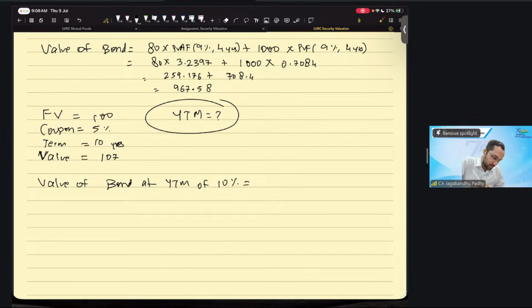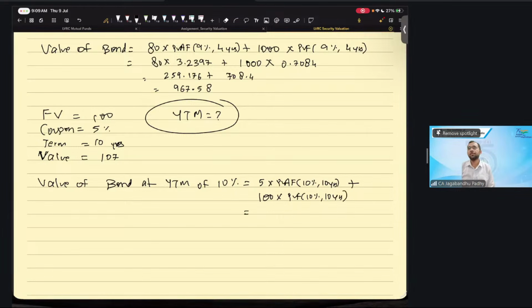Calculate the value of the bond at a YTM of 10%, which is simply going to be 5 into the present value annuity factor at 10% for 10 years, plus 100 into the present value factor at 10% for 10 years.